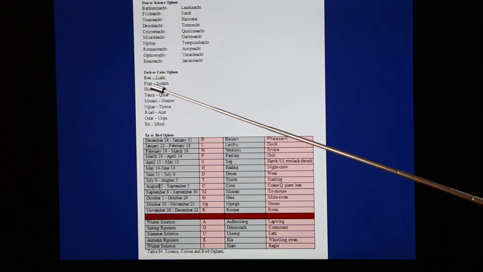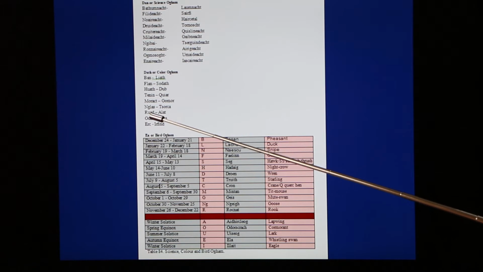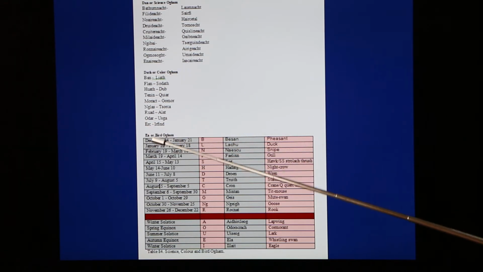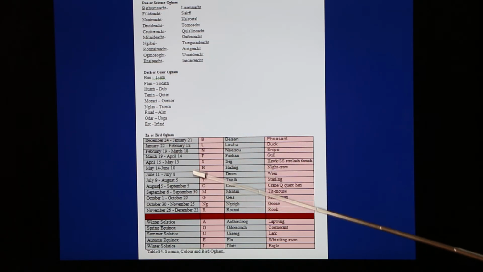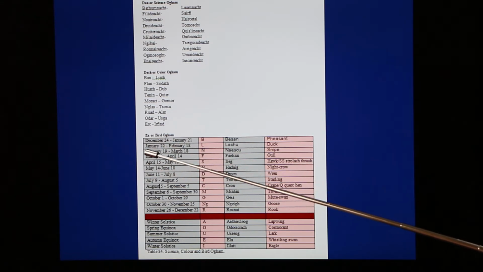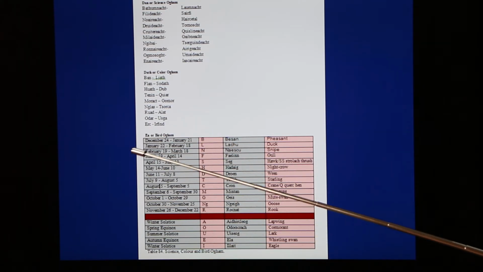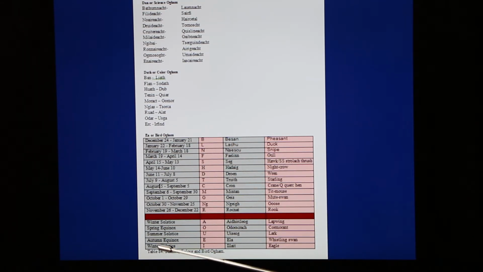Or here you have a Dath or color Ogham, and the same B, F, H, T, M become the names of the colors. Here you have a bird Ogham. First you have a date Ogham. So those same letters become the dates of the year, and including the solstices and so on. Well, the vowels become the solstices and the equinoxes, yes.